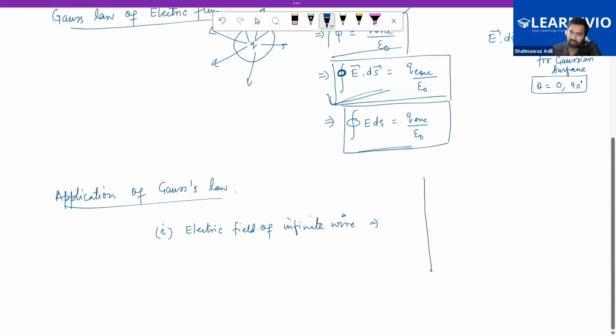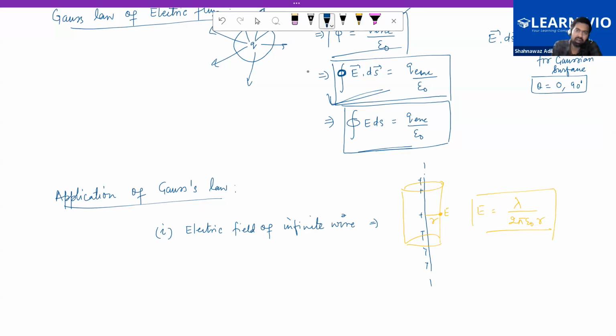This infinite wire has some charge density. You take this Gaussian surface, and then you calculate the electric field at this point. Then this electric field comes out to be simply lambda by 2 pi epsilon naught r, with this r, right? This thing you have already done, right?